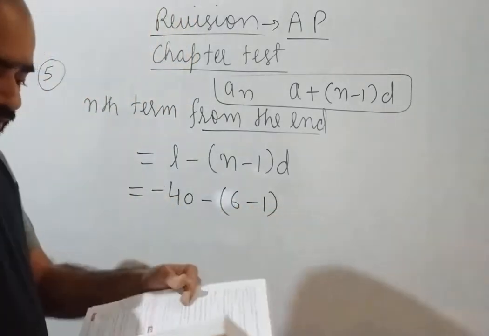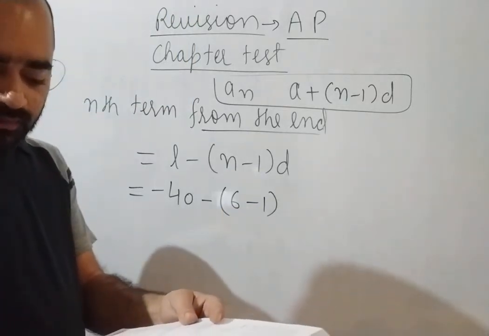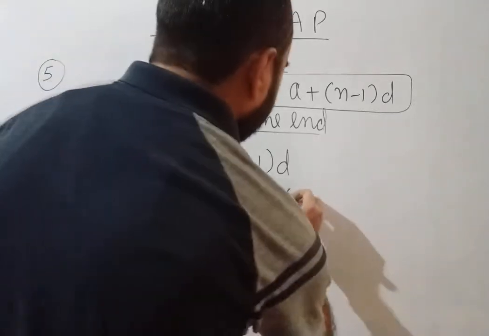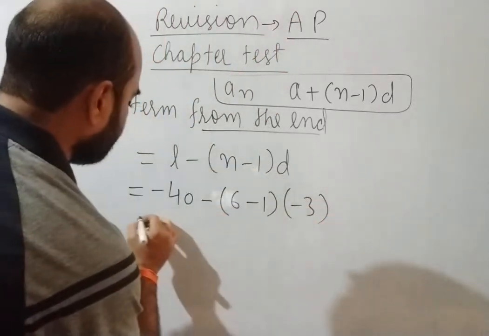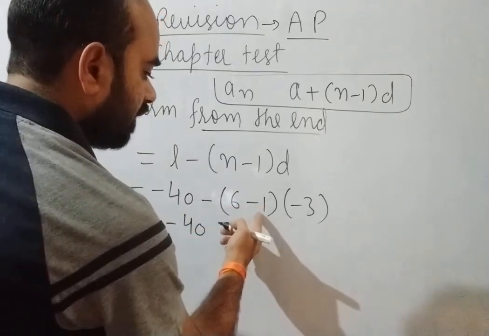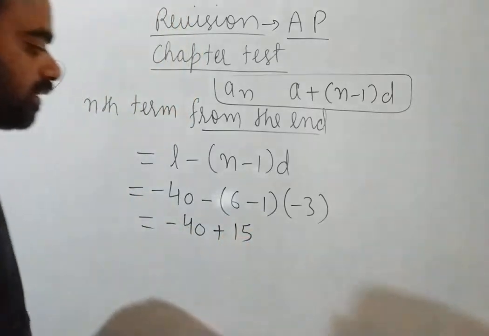And the common difference of the given AP is 14 minus 17, 11 minus 14, it means minus 3. Correct? So this will be minus 40, 6 minus 1, 5, it means plus 15. Correct?